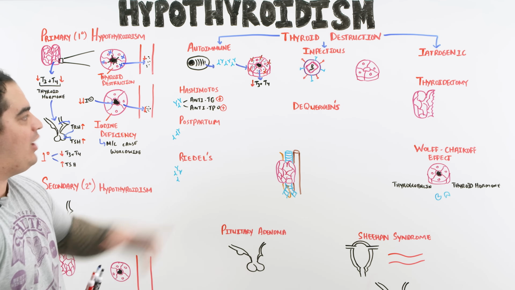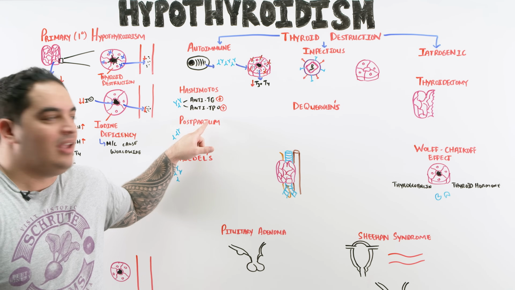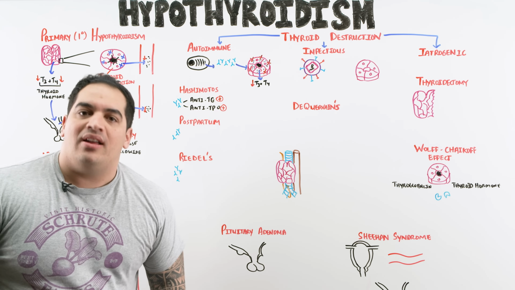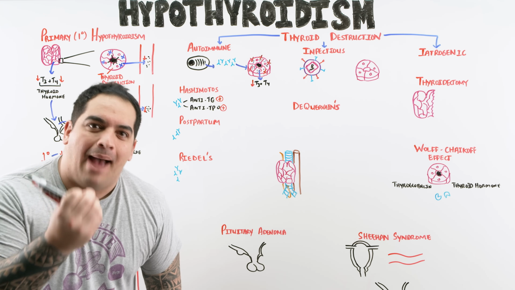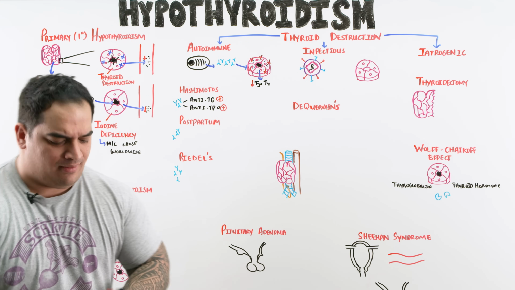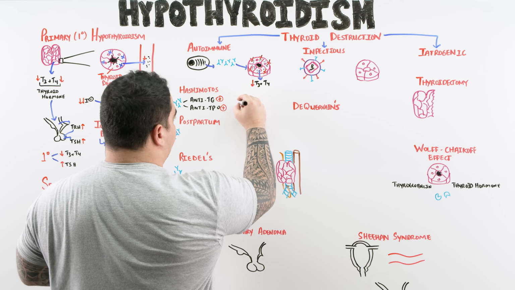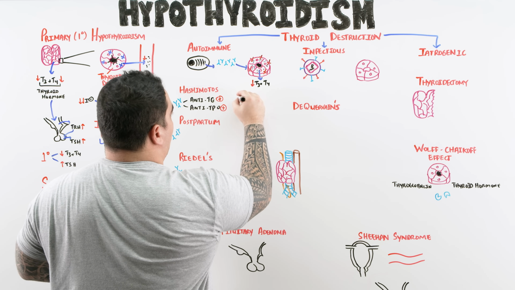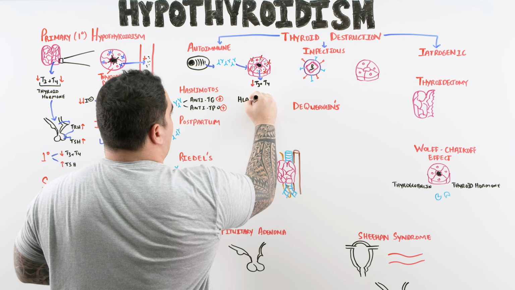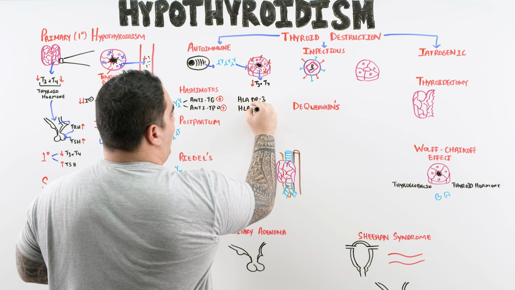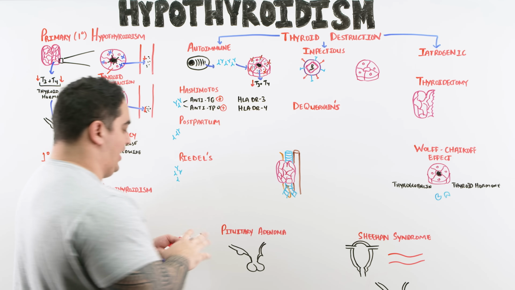Now, the question is why do we produce these antibodies? In this particular situation, they believe that it's related to young individuals who have abnormalities in their HLA genes. Like what? Well, there are very specific HLA mutations. One may be the HLA DR3 mutation or the HLA DR4 mutation.